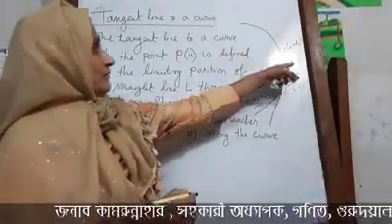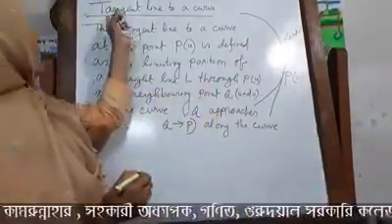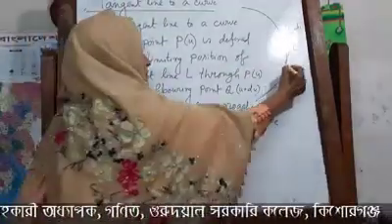This is a straight line which is called the tangent line to a curve at the point P.